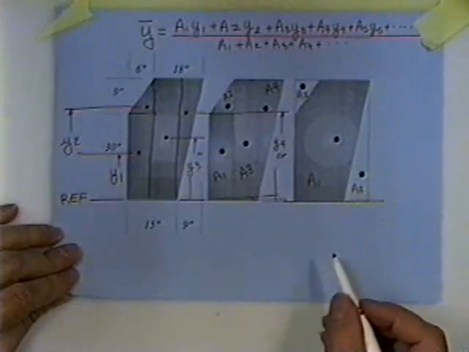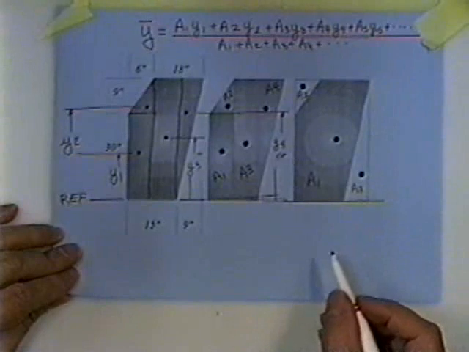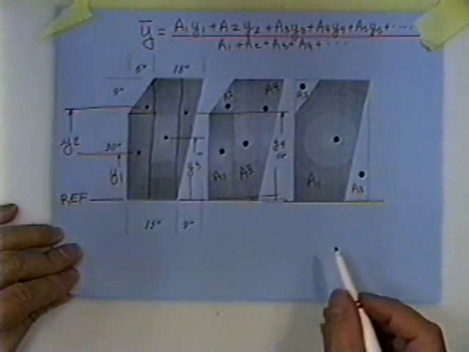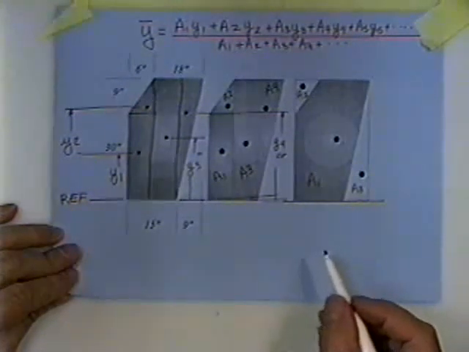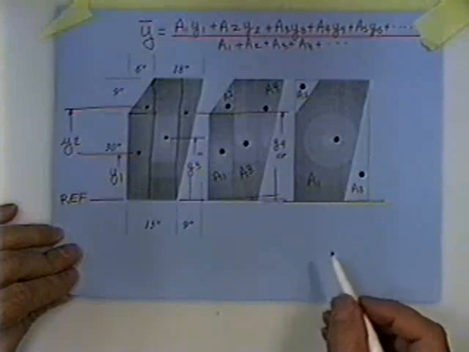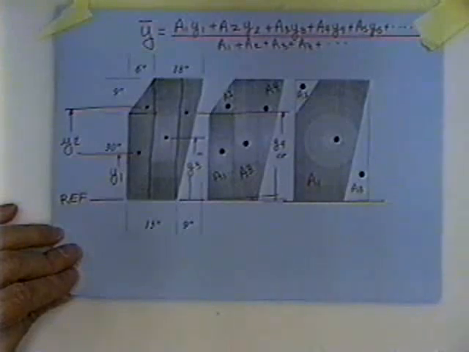But it works exactly the same. The only difference is, in this case, Area 2 and Area 3 will be subtracted from your equation because the pieces are missing, as opposed to being added.